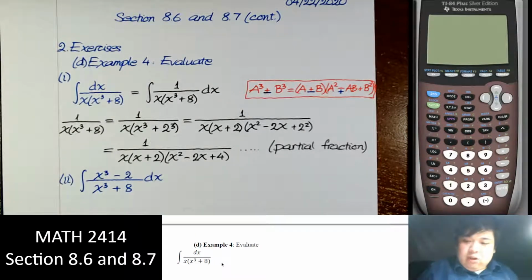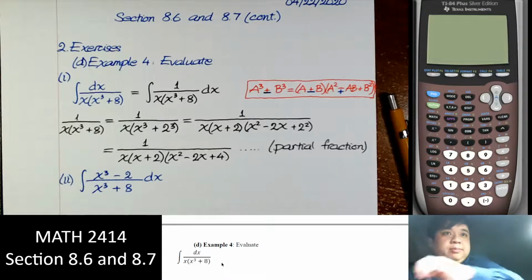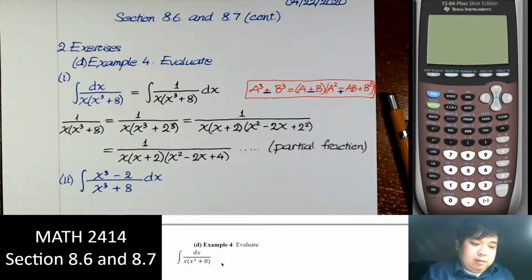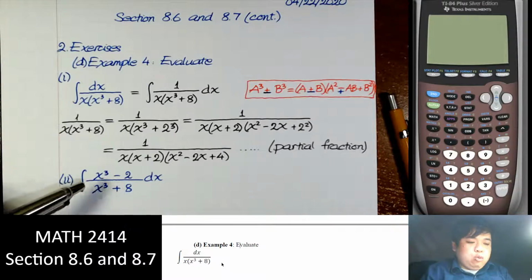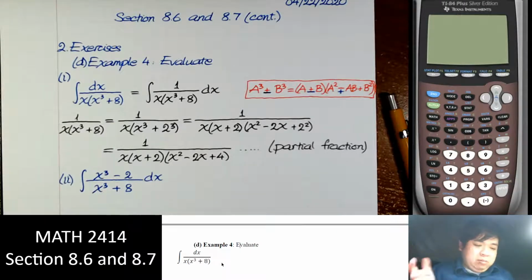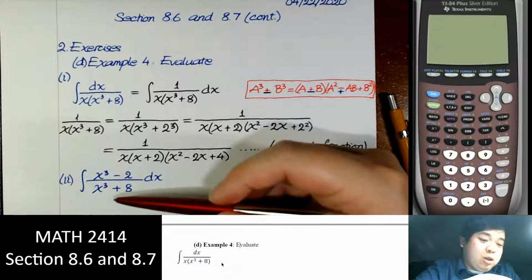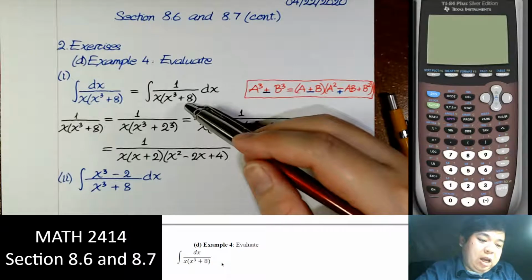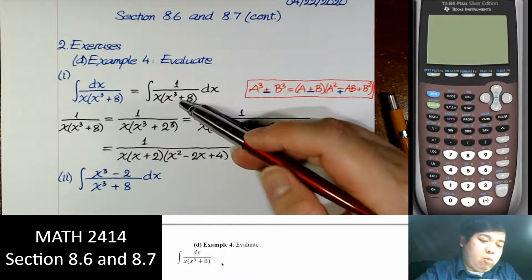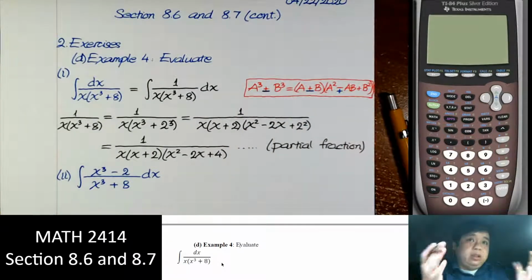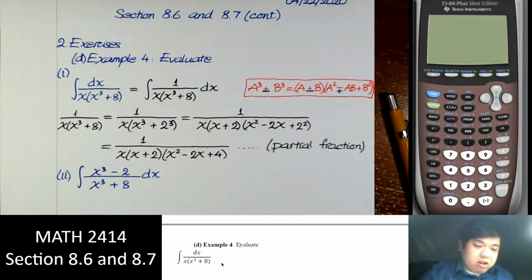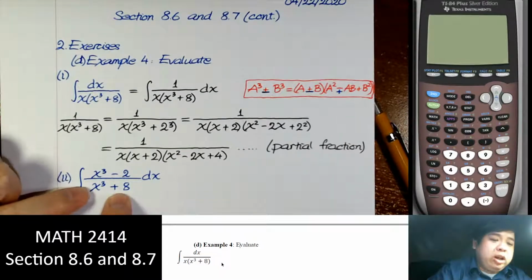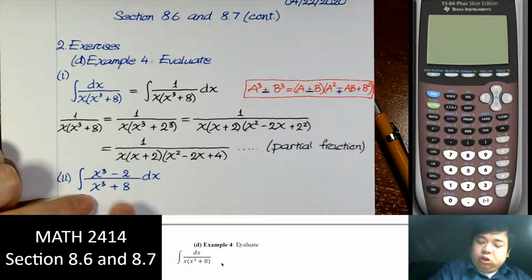Just make this up, just try to get my point. This could be x cubed minus 2 or maybe something else. The difference between this one and the previous problem is that there the degree on top is less than the bottom, so that is a proper fraction. This one is called an improper fraction.